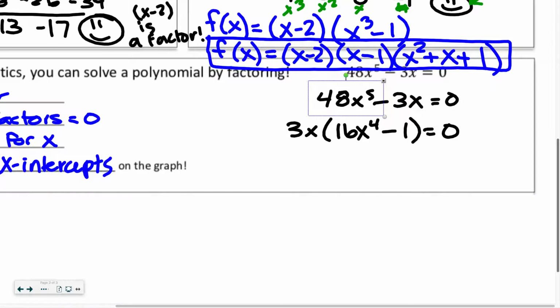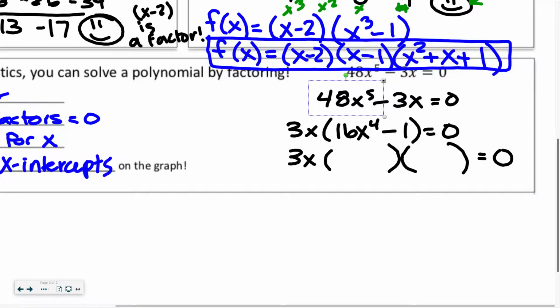Is it completely factored? No, because now you look at your 2 terms: 16x to the 4th, and 1. Those are all on the list of perfect squares. So perfect squares just factor out into 2 binomials, a plus b, a minus b, where a and b are the square roots of the 2 terms.